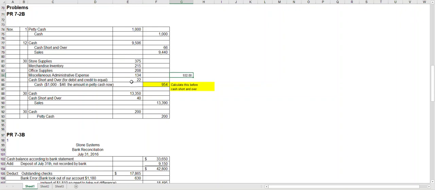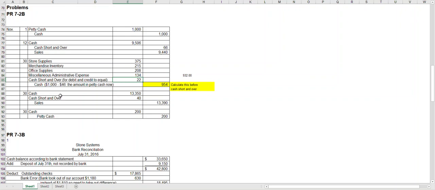So that's why I have another $22 to get me to $954. So I took $932 minus $954. I need another debit of $22. Apparently I gave too much change back or somebody didn't bring a receipt back, but I put it to cash short and over, just like I did for my cash drawer itself. That way it balances out.